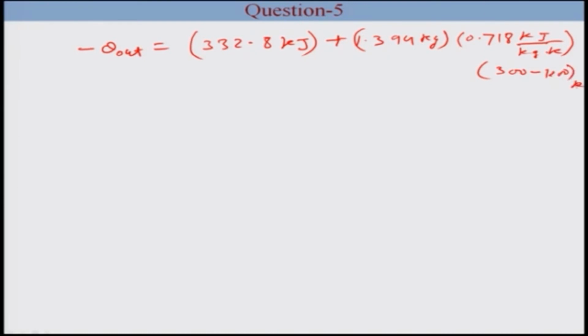So this gives total heat coming out of the system is 568 kilojoule. So this much amount of heat will come out of the system.